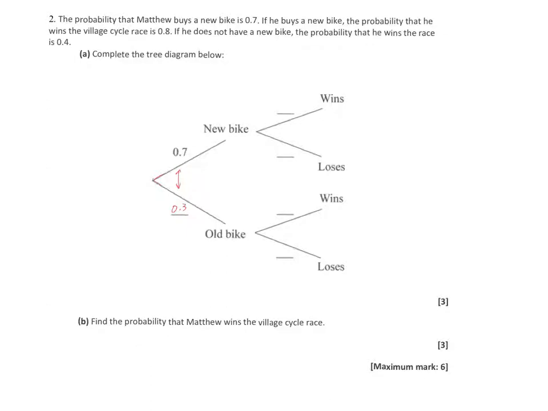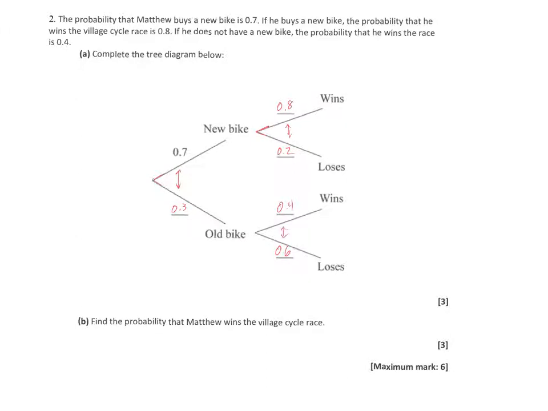So the new bike, this would be 0.8, which means, again, these two have to sum up all of the probabilities of the new bike, so this has to be 0.2. And then if he does not have a new bike, the probability that he wins the race is 0.4. So this is 0.4, which means this one has to be 0.6. Right? Again, those have to add up to 1.